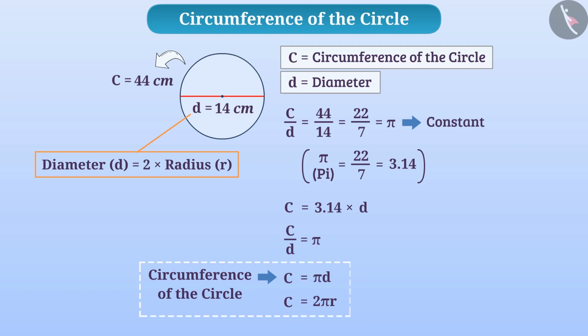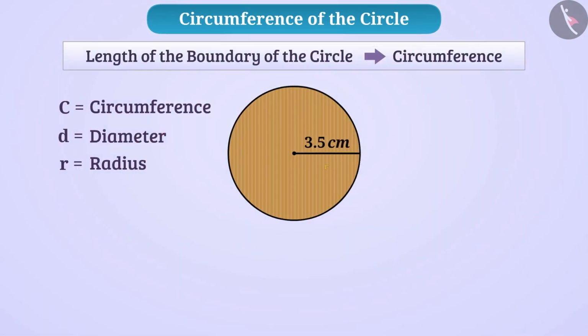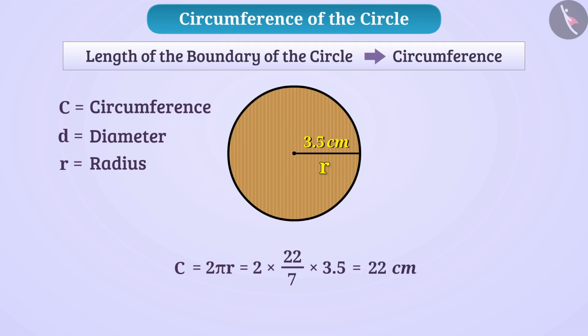This formula is very useful for finding the circumference of a circle. Like here, the radius of the circle is 3.5 cm, so the circumference will be C is equal to 2 multiplied by 22/7 multiplied by 3.5 cm, which is equal to 22 cm.